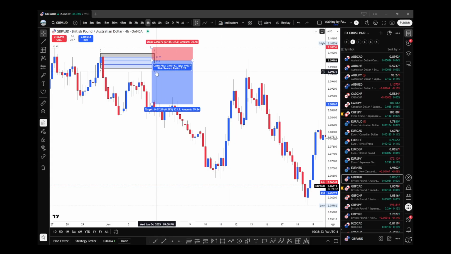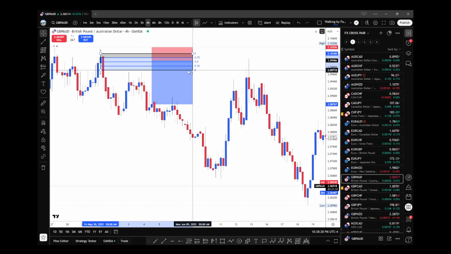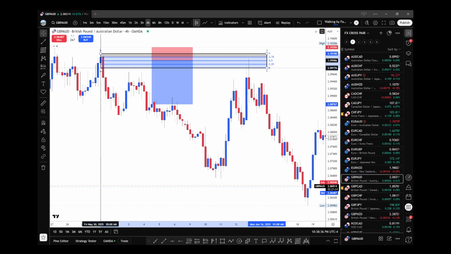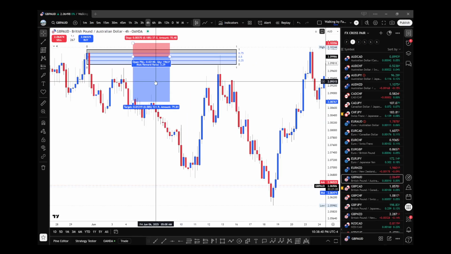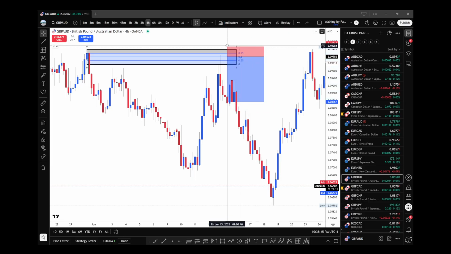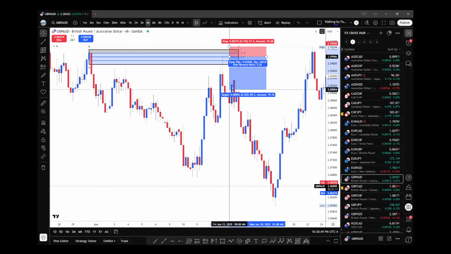So we could see that right here is where the market came back and gave us that opportunity to take it for a sell. And if you could see, family, 50%, the stop loss above the high, and a 3 to 1.